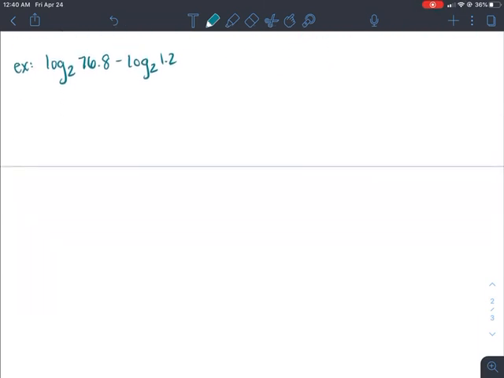Finally, our last example is also the quotient property. This one says we're going to put log base 2 of 76.8 over 1.2.